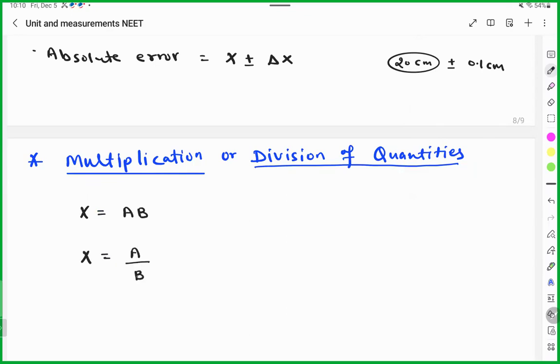Even in this case, the maximum relative error in case of product or division will be the sum of the relative errors.